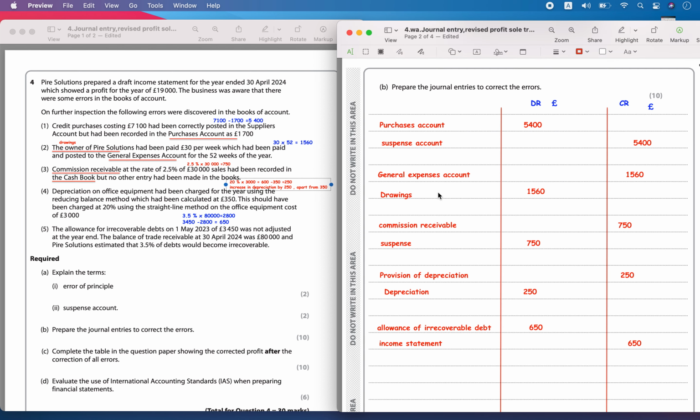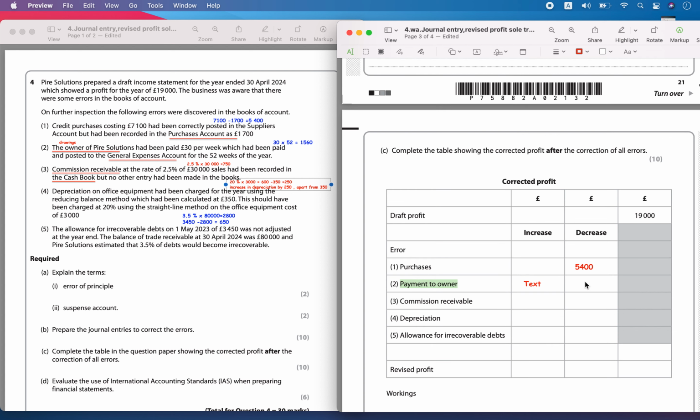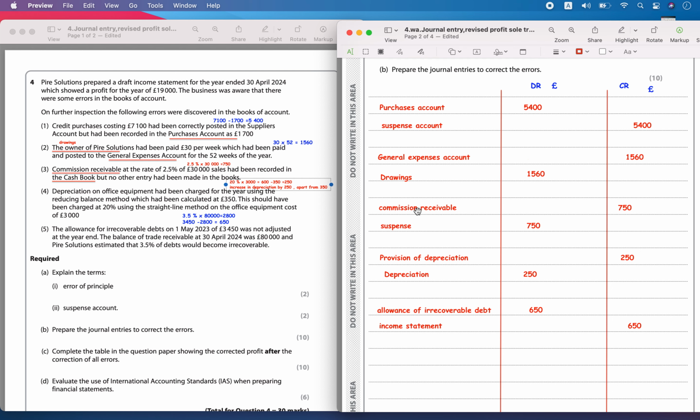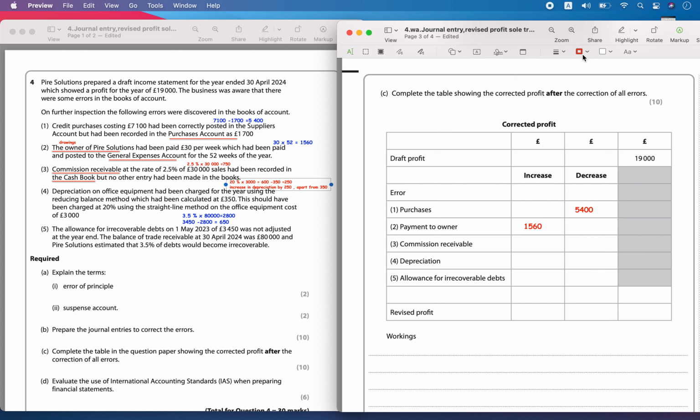The general expenses here is actually credit. When you are transferring it to the income statement, it will become debit. Then for the commission receivable, this had appeared, and we have to transfer it to the income statement. It's appearing on the credit side, so you will transfer it to the debit side.